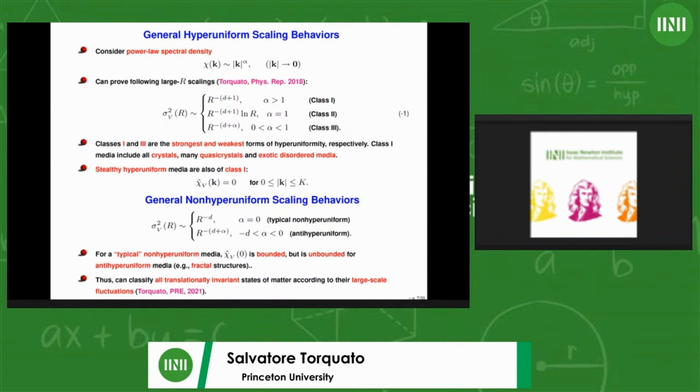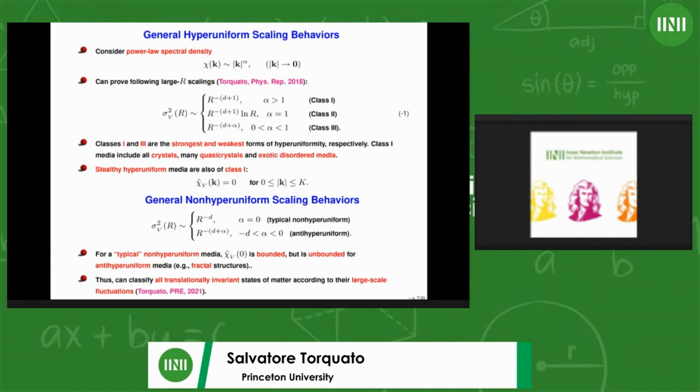So, general non-hyperuniform scalings. You can think of alpha 0 here as being typical non-hyperuniform disordered behavior. And then if you have alpha between minus d and 0, that's anti-hyperuniform, because in this particular case, the spectral density is in fact diverging as k goes to 0. Those are anti-hyperuniform examples, and in that case, you're talking about systems at critical points, including fractal structures.